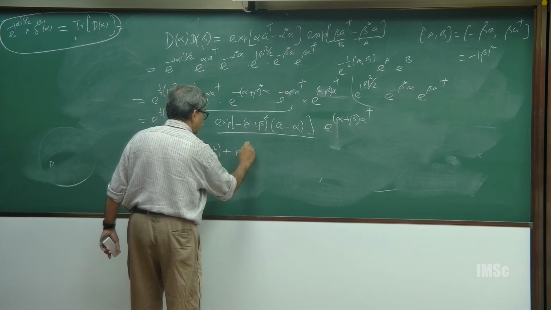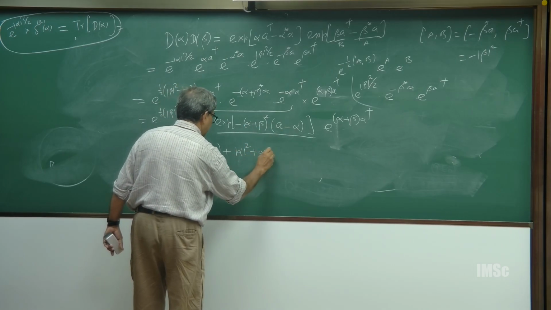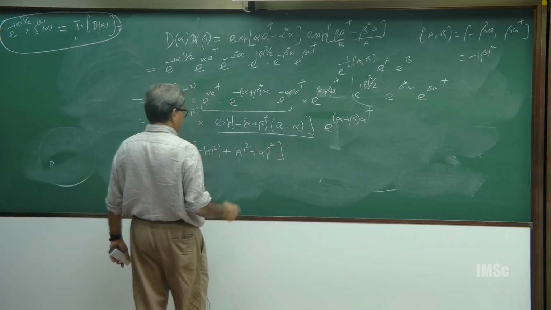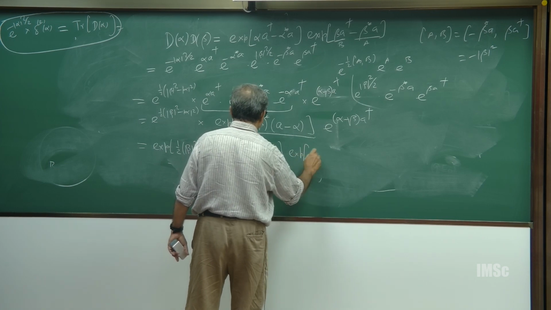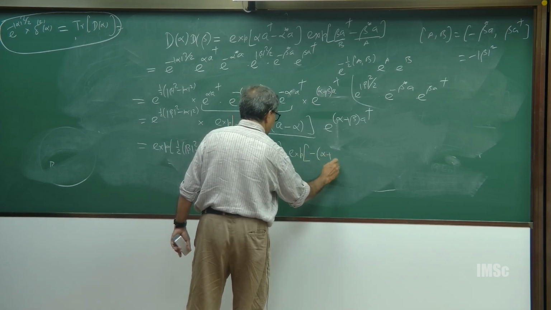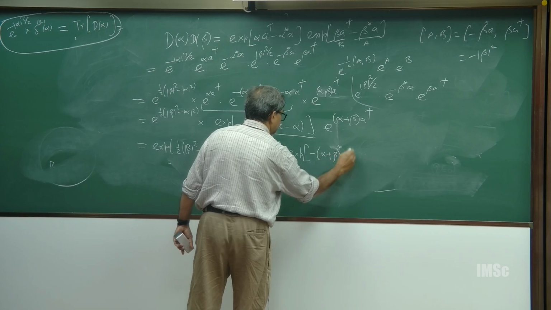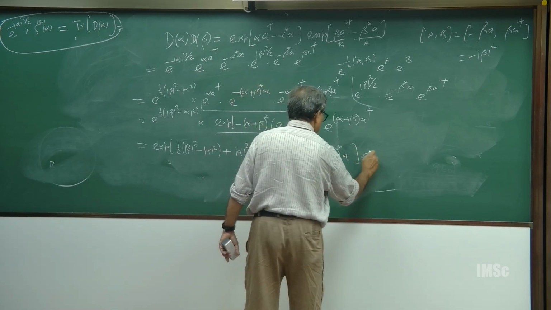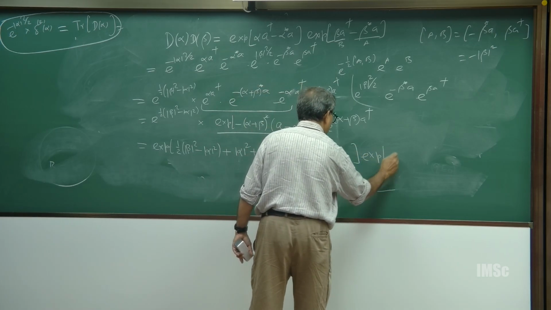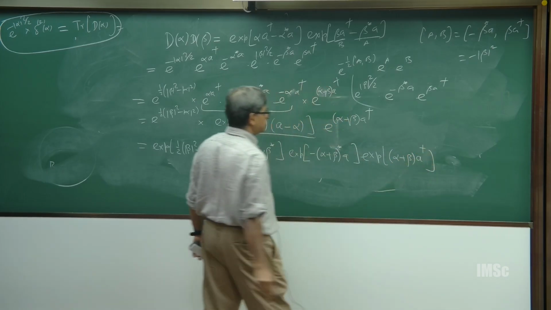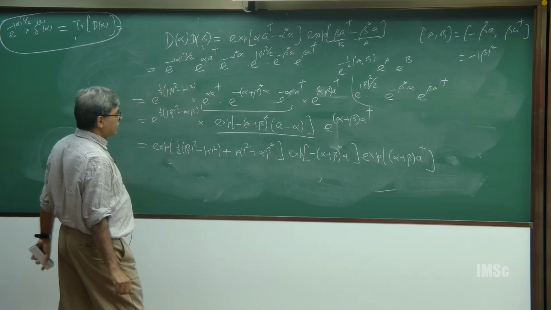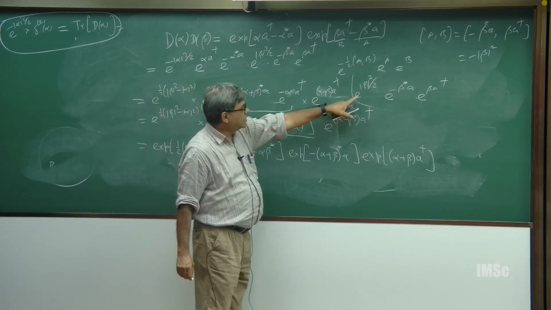So, plus mod alpha square plus alpha beta star, this is fine, then exponential of minus alpha plus beta star A, exponential of alpha plus beta A dagger. So, something like this, right.